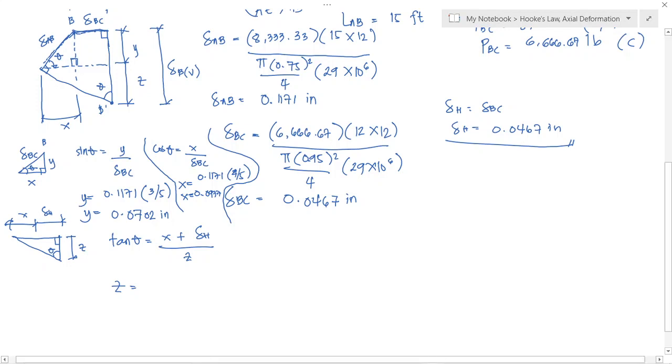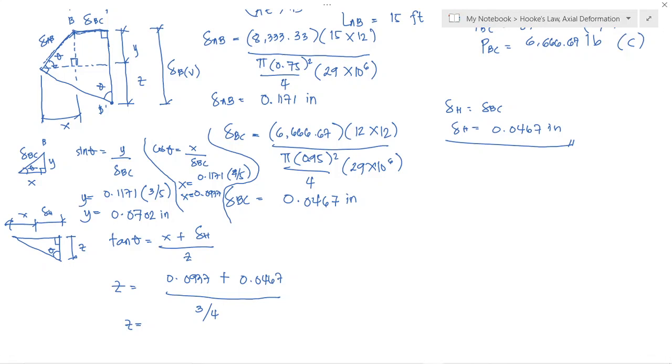Okay. Since we have already the value of x, we have 0.0937 plus delta h. Delta h is 0.0467 divided by tangent theta. Tangent theta is equal to 3 over 4. So, z is equal to, okay, calculate, 0.1872 inch.